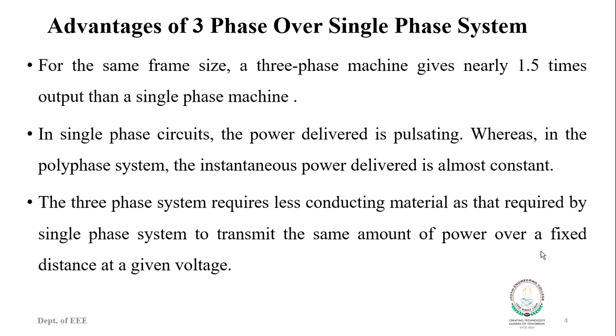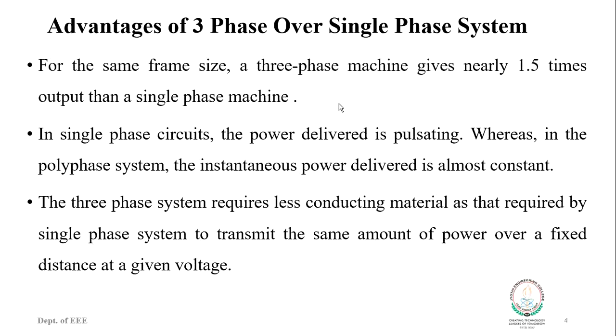If the frame size of both machines is the same, then the three-phase machine will give 1.5 times the output of a single-phase machine. So that is an advantage. That is, for the same frame size, a three-phase machine gives nearly 1.5 times the output of a single-phase machine.